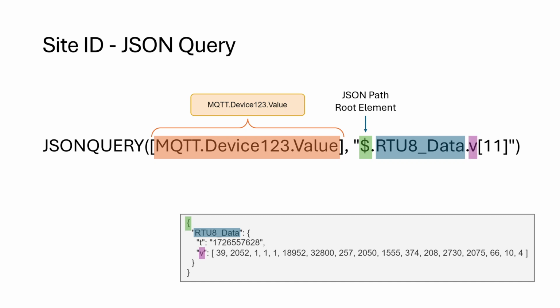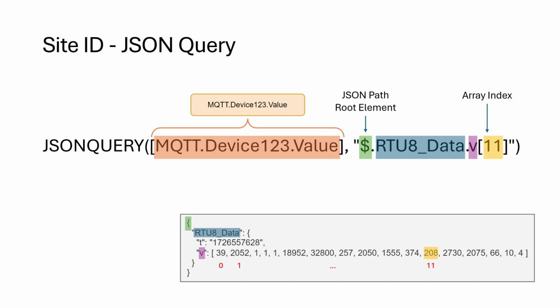The next property after that is the V property, where the value is stored. So far we've simply referenced the name of the object property. Now we have an array, so we need to use array indexing. The site ID value is at index 11 in the array, so we'll set that here in the array indexer. Now the query is complete and we have our site ID.